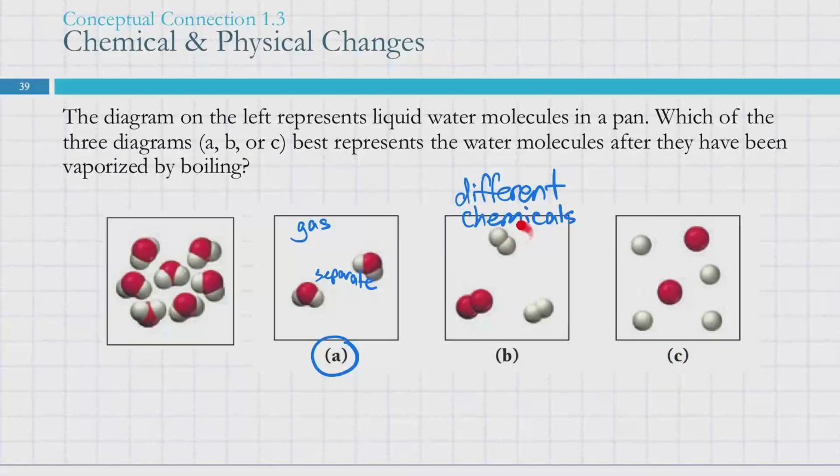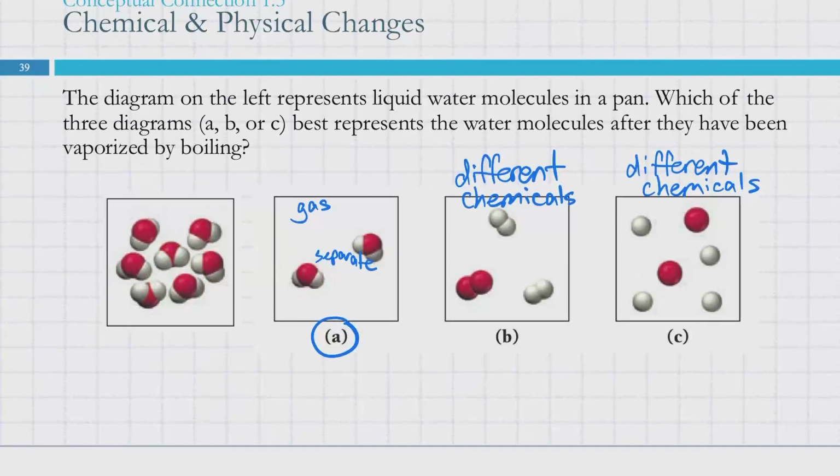And in C, we've separated those out even further. It's also different chemicals, but it's something funky. We've got atomic hydrogen and oxygen. So same chemical in our original versus in A, and that's what makes it a physical change.